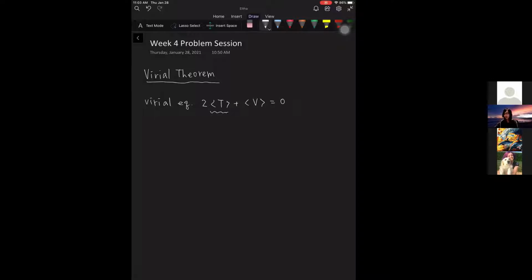So this is the mean kinetic energy of the system, and this is the mean potential energy. All right, so this is our virial equation, and we use this to derive the mass of a gravitationally bound object.